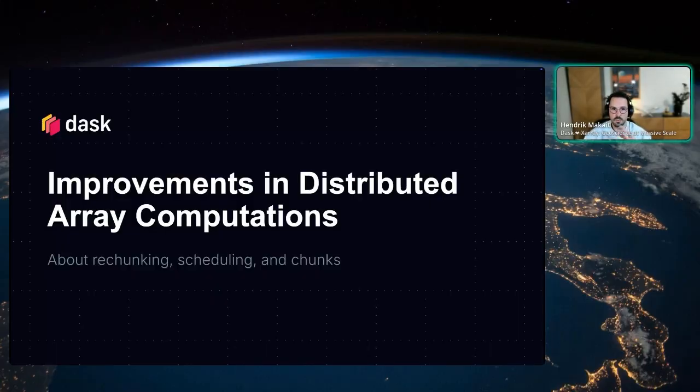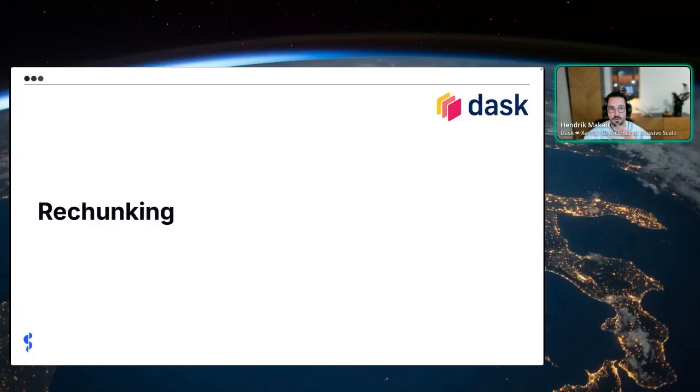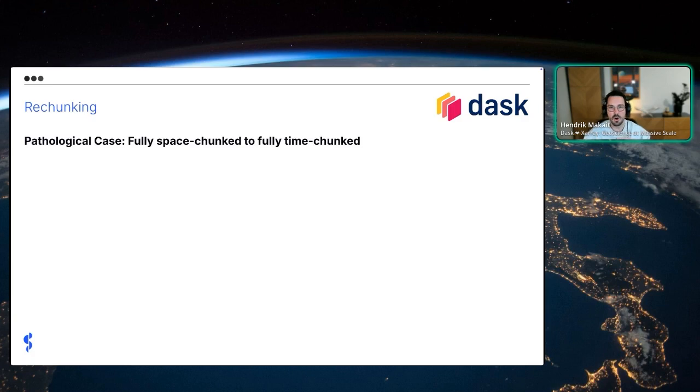When talking about improvements in the distributed array computations in Dask, the first thing that comes to mind here is rechunking. Rechunking is a very notorious operation in any distributed geospatial workload because we've already seen the data sets are huge. Like the 18 terabytes that we've just processed, they wouldn't fit onto any available machine on AWS.